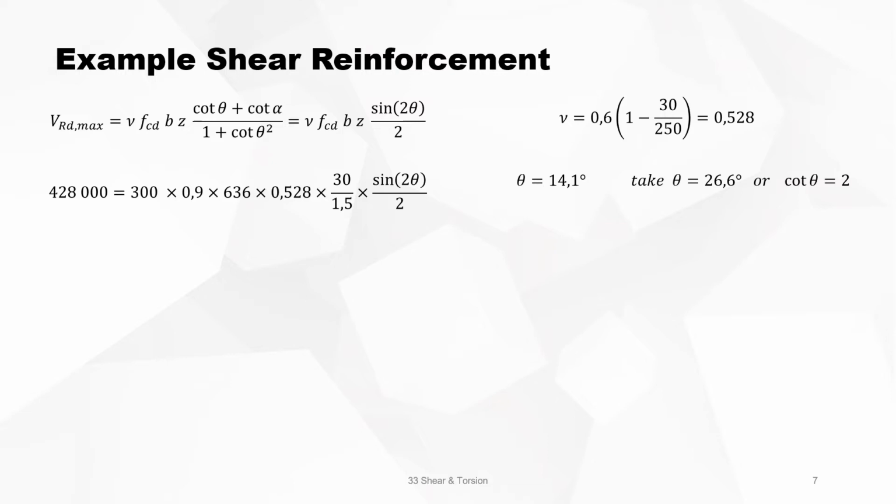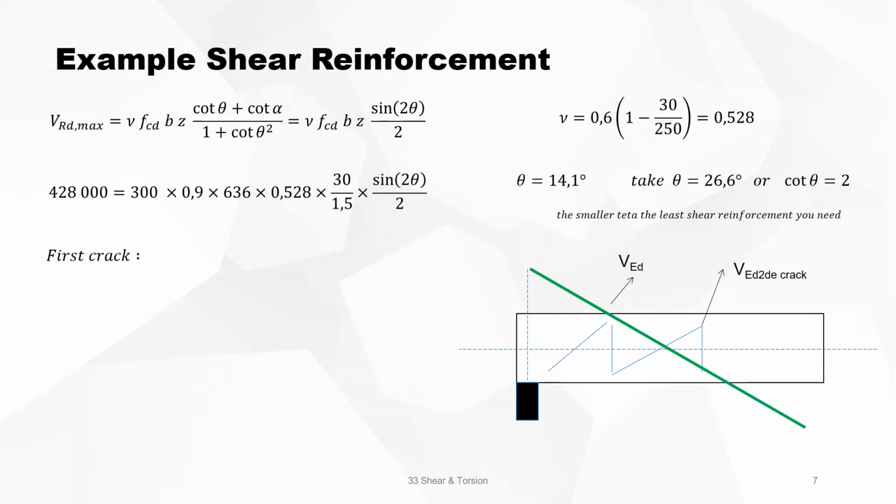But we know that the minimum value of theta is 26.6 because cotangent theta cannot be bigger than 2. So we know already now this is okay because we only need 14 degrees and we have 26 degrees. So the VRd max is okay.